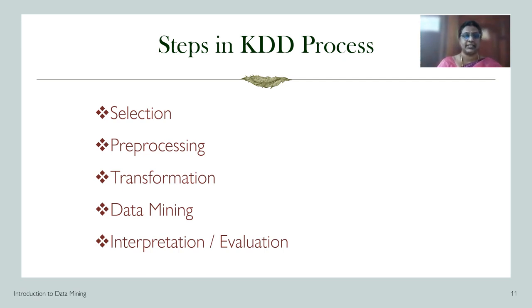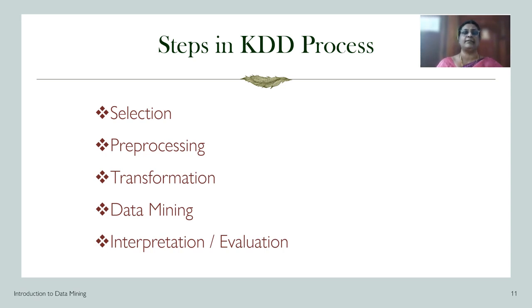So the knowledge discovery in databases process consists of five steps. One we call selection, that is, we select data from heterogeneous resources. Second, the data needs to be cleaned. Sometimes we will get missing values, so those have to be substituted. Third, data may be in different formats, so it has to be uniformly transformed into one particular domain.